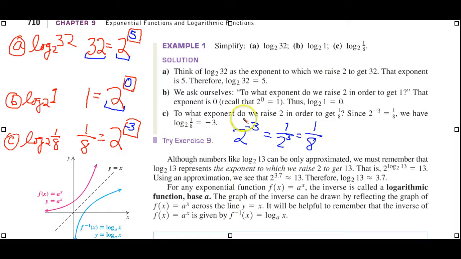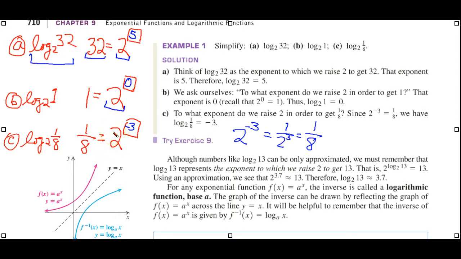This is from previous sections that you would need to know. But here we're focusing on how to translate this new notation, logarithmic notation, into what does it represent. Okay?